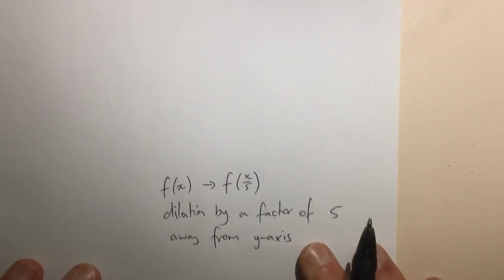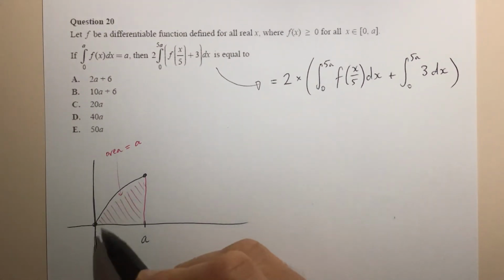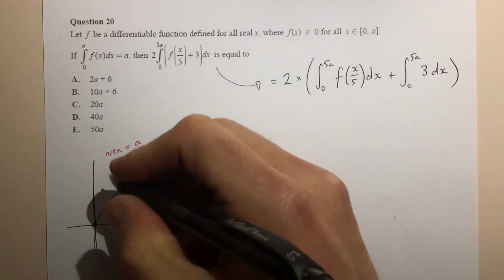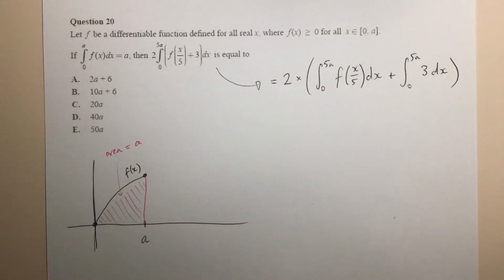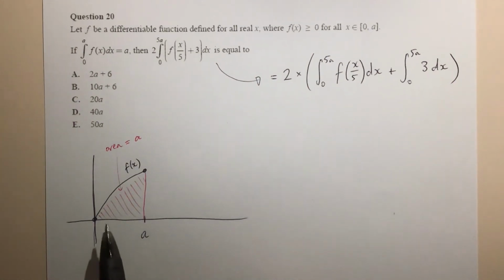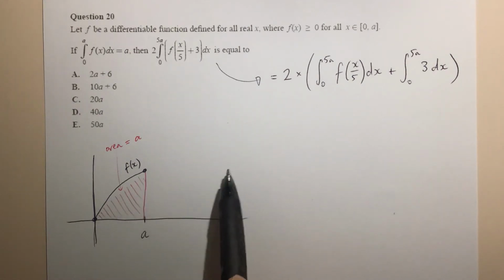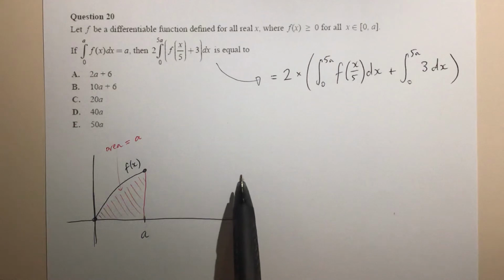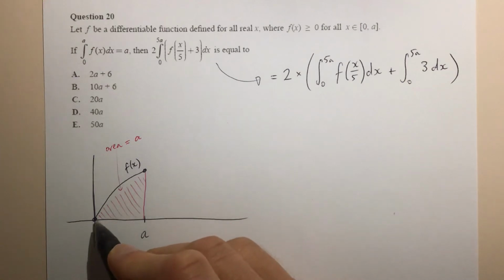So when we come back to thinking of our picture, if this function here is f of x, then f of x on 5 is just going to be this same function, but stretched 5 times further away from the y-axis. I'll try my best to draw it to scale, but obviously this is just a by hand sketch, so it's not going to be dead on.